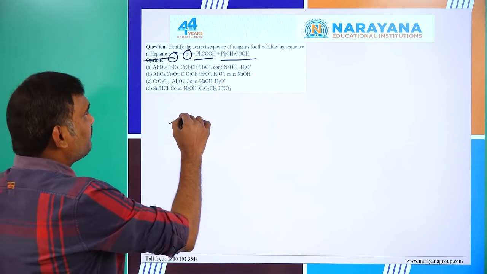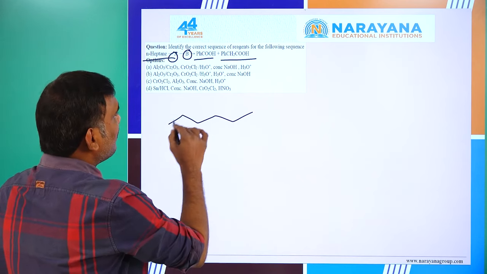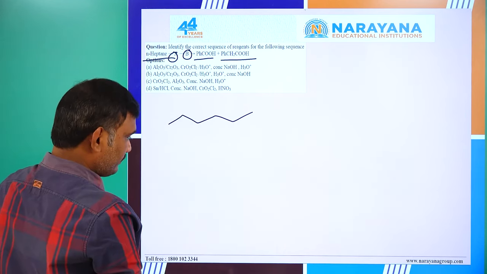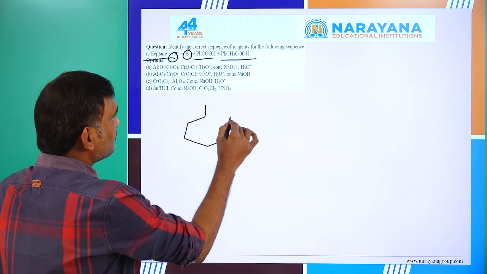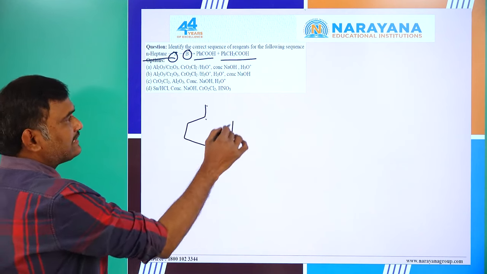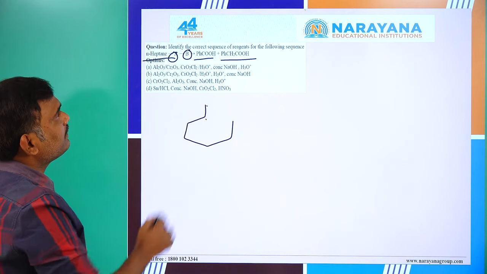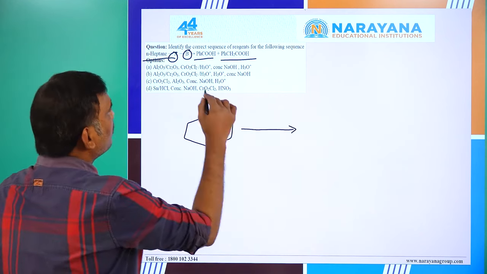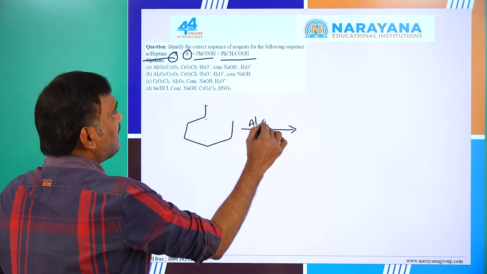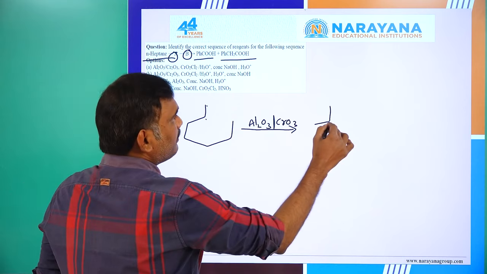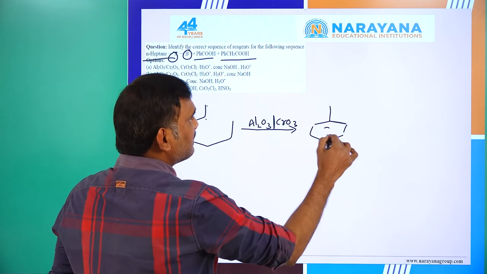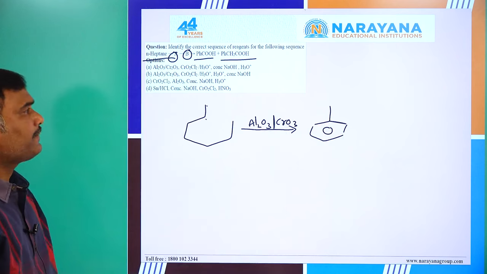That means n-heptane, 1, 2, 3, 4, 5, 6, 7, on Al2O3 or chromium trioxide, cyclization or aromatization occurs.